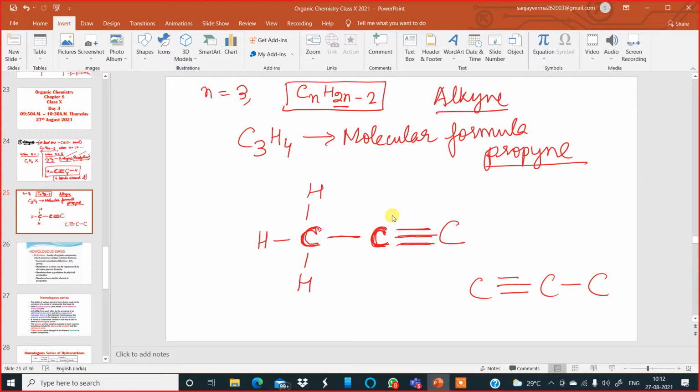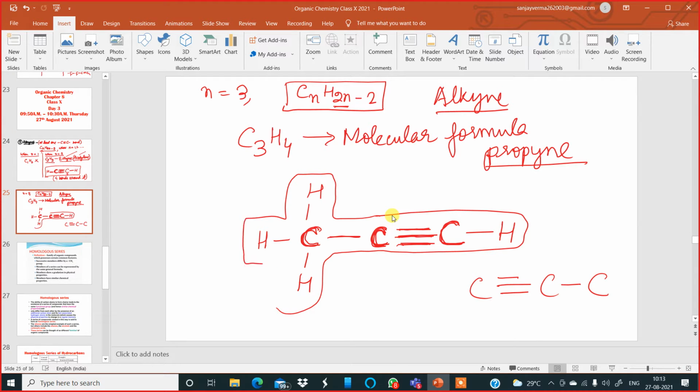So its valency 4 is already satisfied. So it does not need any hydrogen. Then look at the third carbon. The third carbon has one bond, two bond, three bond. It is short of one more bond. So on the other side, I put one hydrogen. So that is the structural formula of the alkyne called propyne, containing three carbon atoms.